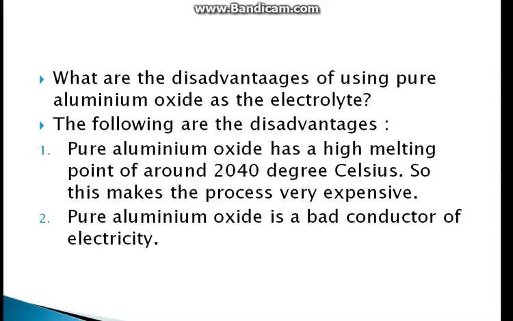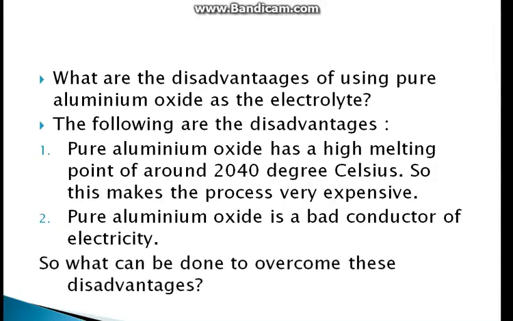Another demerit of using pure aluminium oxide is that it is a bad conductor of electricity. So we must do something in order to remove or reduce these disadvantages. So let's see what can be done.